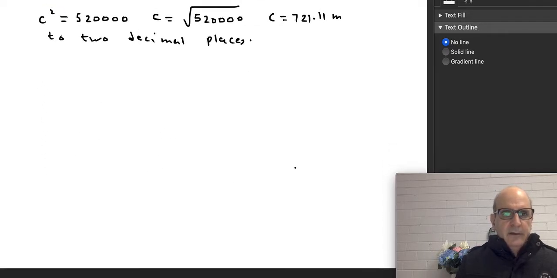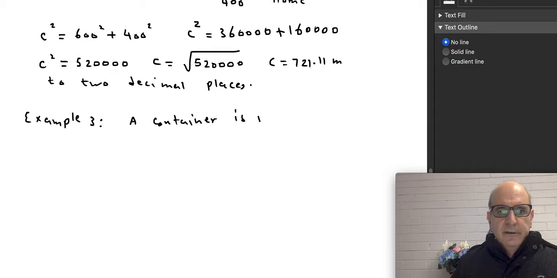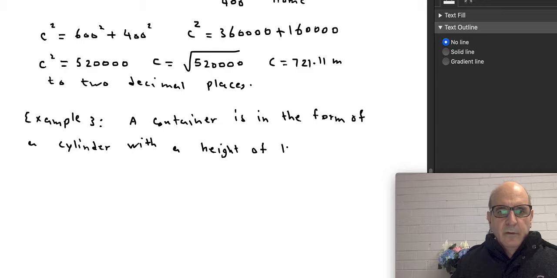All right, another example, example 3. A container is in the form of a cylinder with a height of 10 meters and a radius of 2 meters.